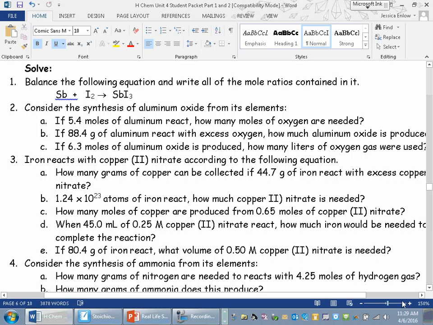Is that synthesis, right? For aluminum oxide? Synthesis of aluminum oxide, is it with water? Oh, hold on, what am I looking at? Oh, look, from its elements. So synthesis of this, that's the product. And so from its elements, which are aluminum oxide.